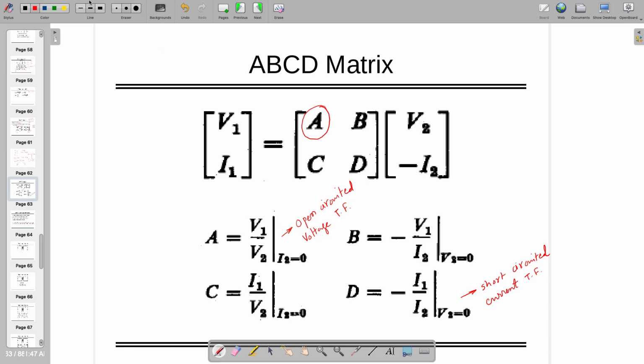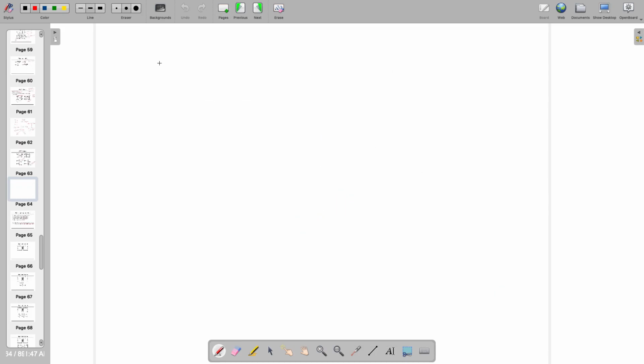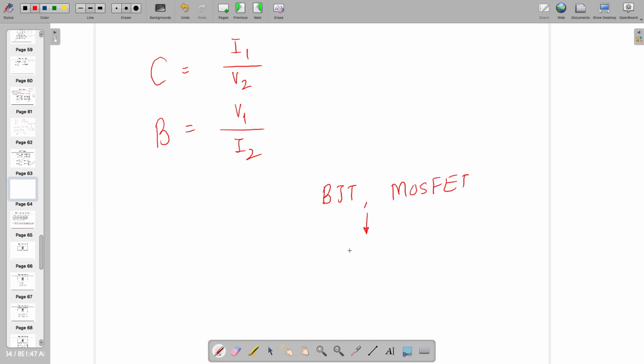Okay. So my next thing was, if it is C or B, where C is I1 by V2 and this is V1 by I2. So, do you know all BJTs, all MOSFETs are amplifiers?